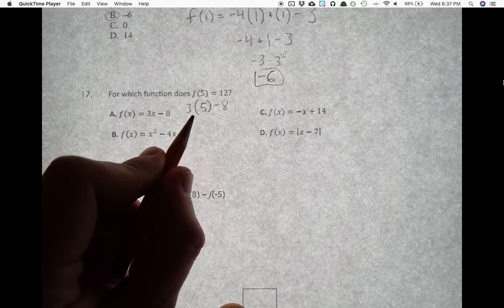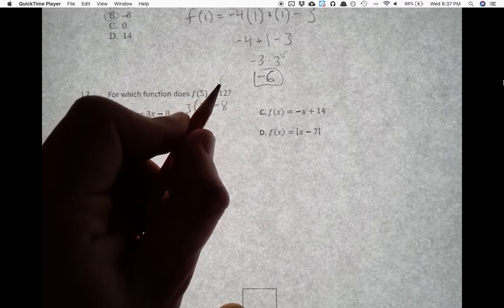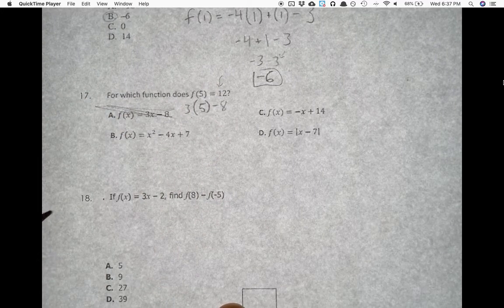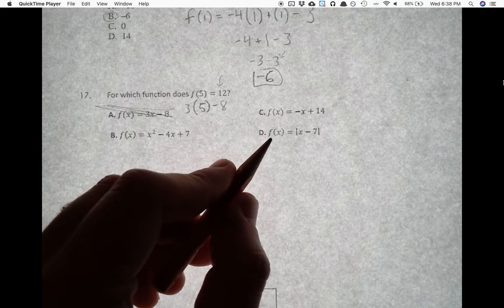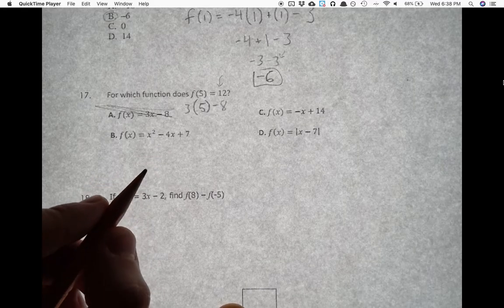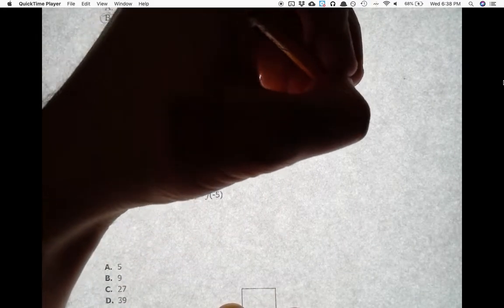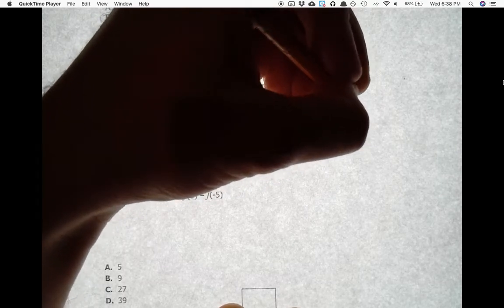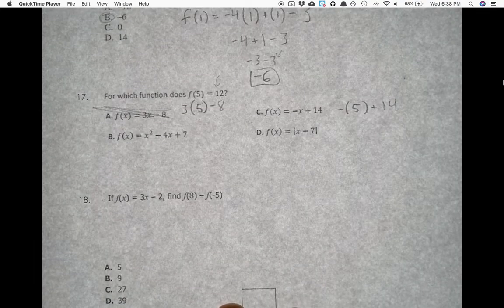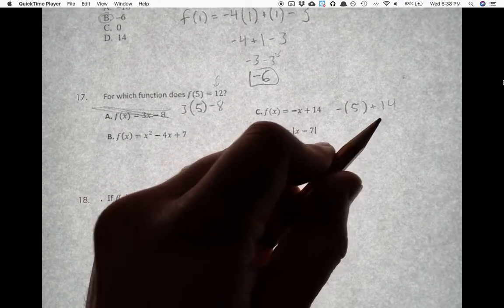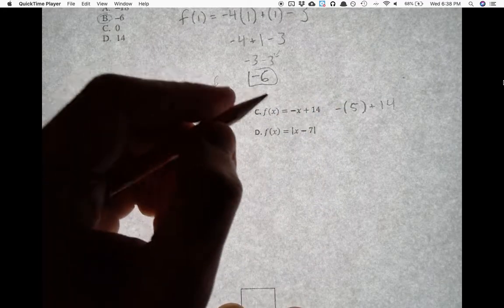Well, 3 times 5 is 15. 15 take away 8 does not give me an output of 12, so it's not going to be this. Let's try some of these easier ones first, and then I'll deal with the squared eventually. So let's plug this in here. It'll be f of 5, so it's negative 5 plus 14. Negative 5 plus 14 is definitely not going to give me an output of 12 when my input was 5. So it's not this.